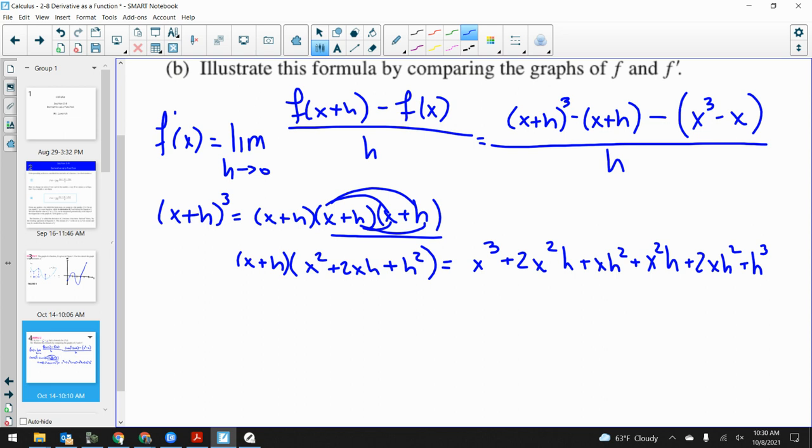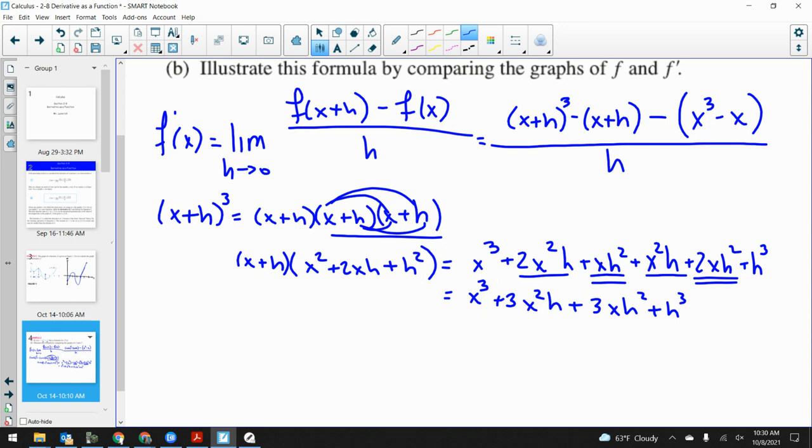This is just FOILing this all out, basically. And I combine like terms. I've got an x to the third. I've got an x squared h and an x squared h, so that's plus 3x squared h. Xh squared and a 2xh squared, so plus 3xh squared plus h to the third.